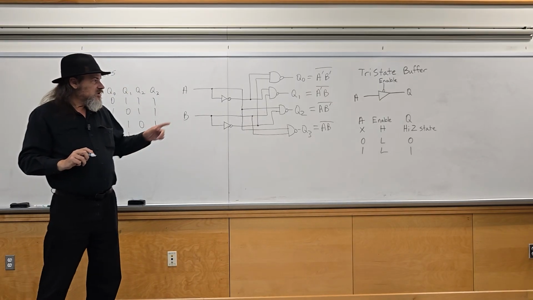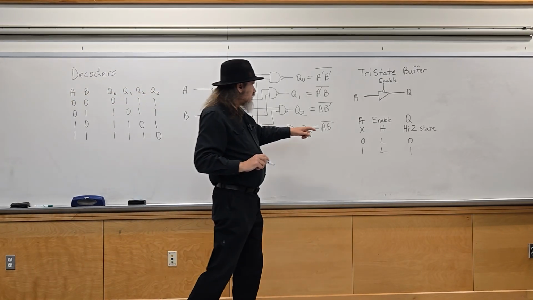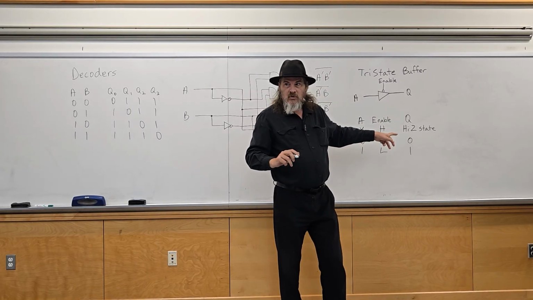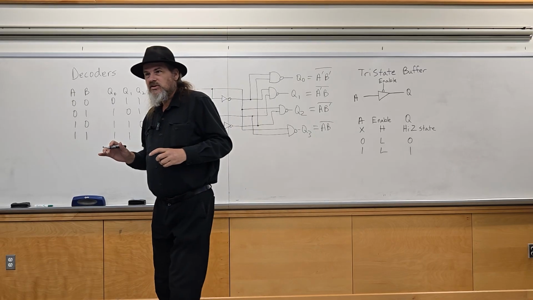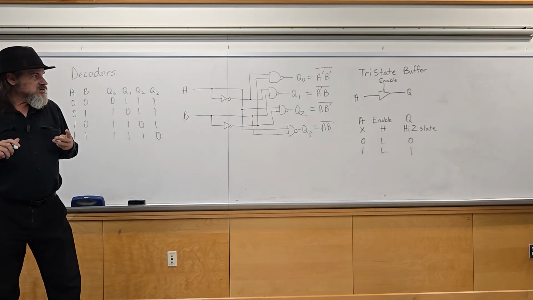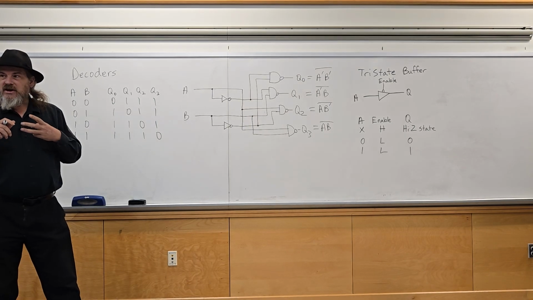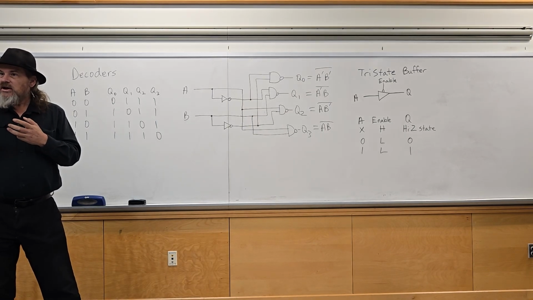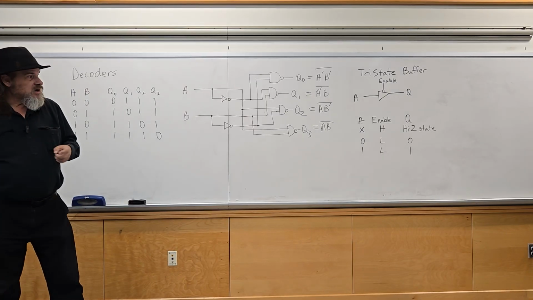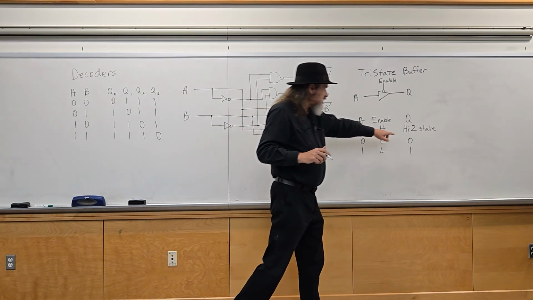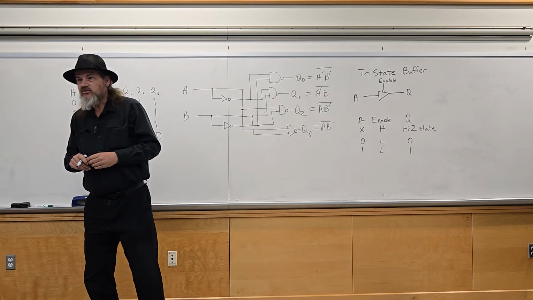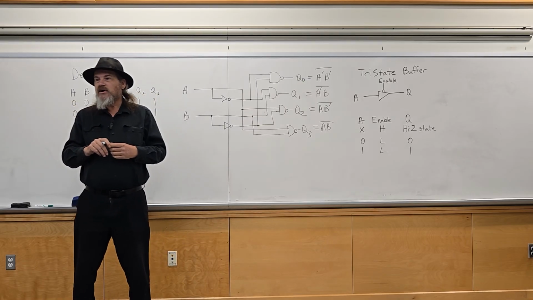So you have this device that if it's high, it acts like there's no connection. I think I mentioned earlier in the semester that there are 3 states that a wire can have: connected to ground, connected to positive, and connected to nothing. That's what the high Z state is: connected to nothing. It doesn't have a ground charge. It doesn't have a power charge.